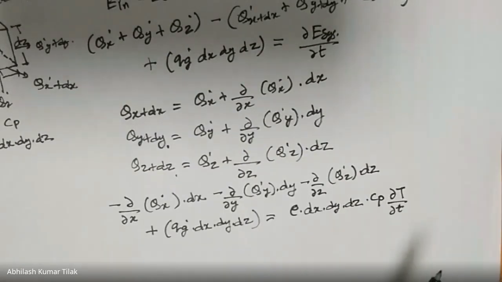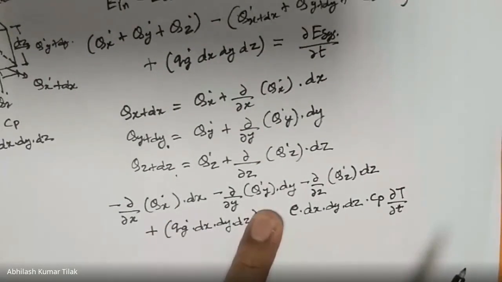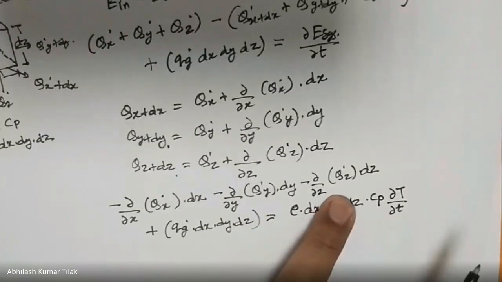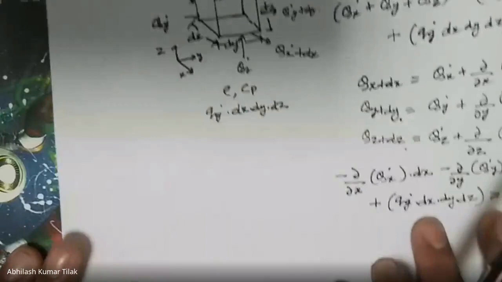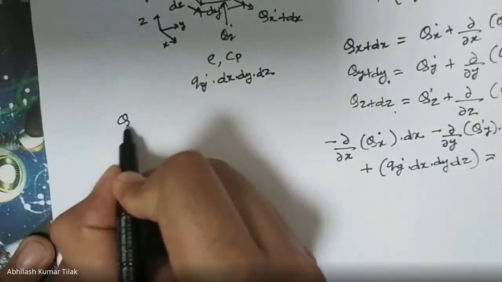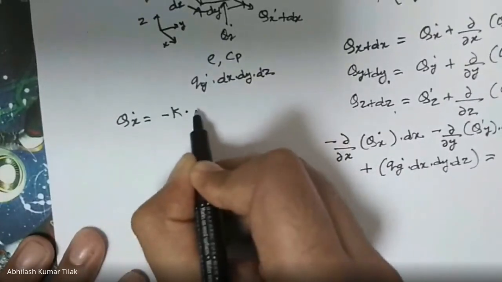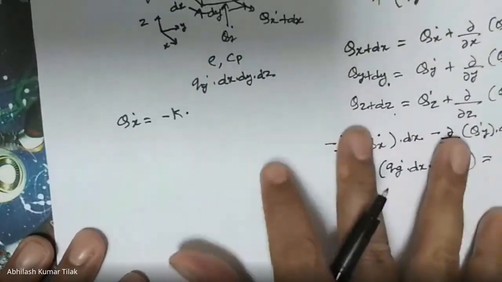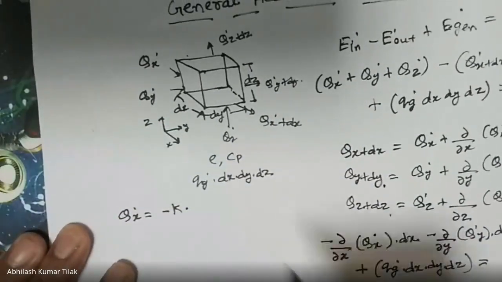Now using Fourier's basic law, I can write the expression for qx, similarly for qy, and similarly for qz. Writing the expressions from Fourier's law of heat conduction, qx will be equal to minus k into area normal. For the x direction, what would be the area normal?